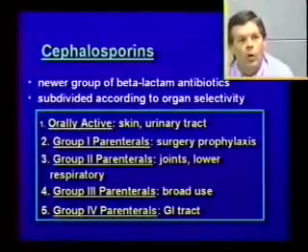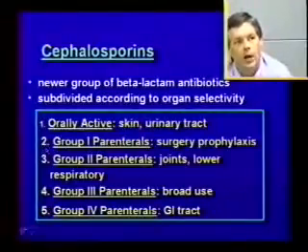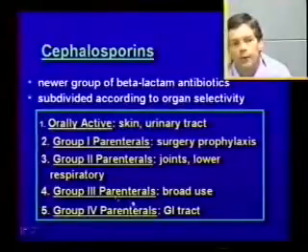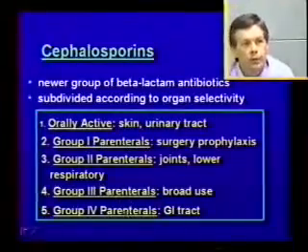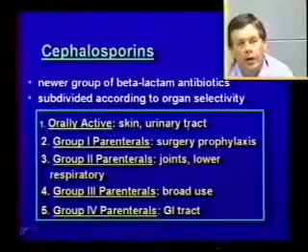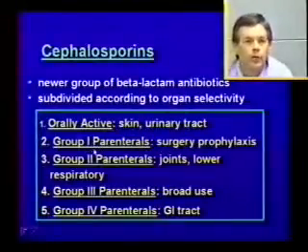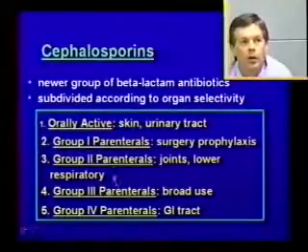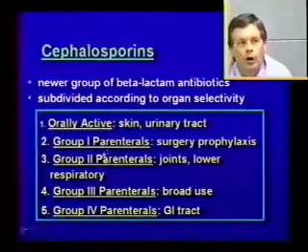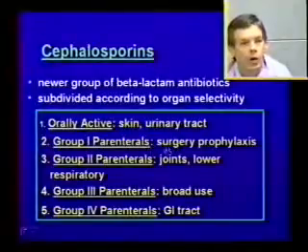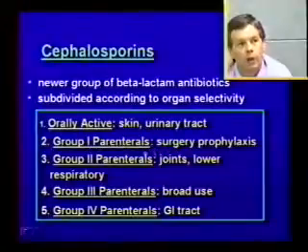And so one common breakdown of this group of drugs is shown here, where I've listed 5 different subgroups of the cephalosporins. The orally active agents are commonly used for infections in skin and urinary tract, and then there are a variety of parenteral agents, group 1 through group 4, which have different therapeutic indications in and of themselves.